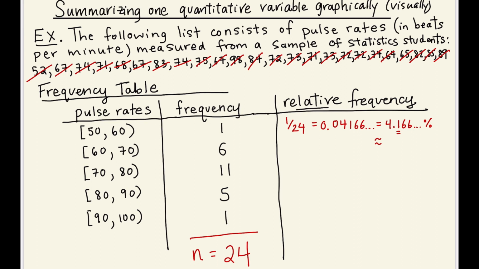Since there is a 6 here, that is greater than or equal to 5, and that tells me in order to round, I'm going to add 1 to this decimal place. So that is approximately 4.2%. So instead of having the frequency, which is 1, I'm going to write the relative frequency, which is 4.2%.